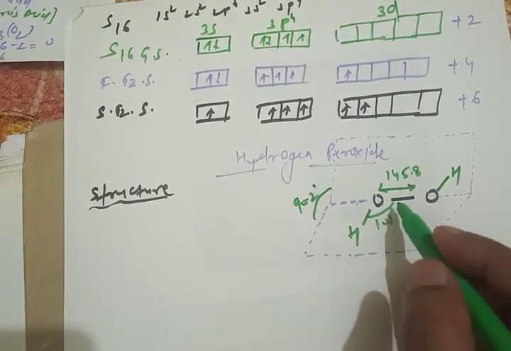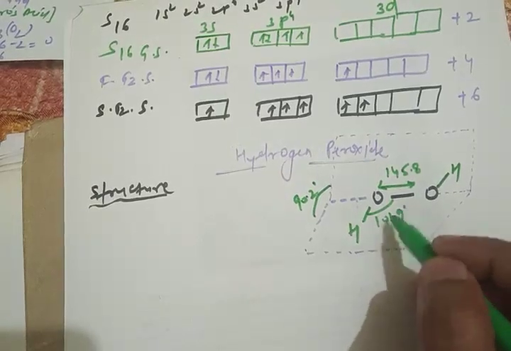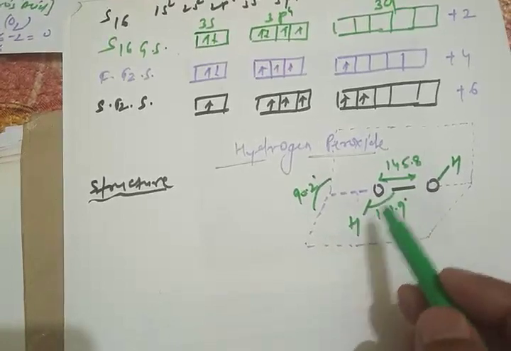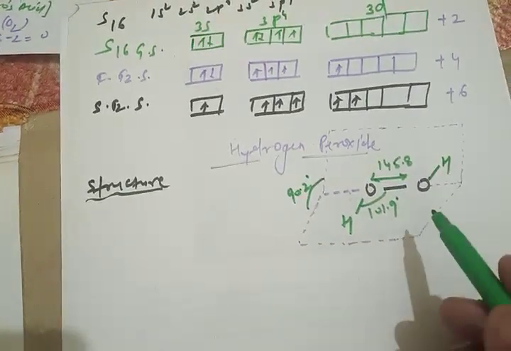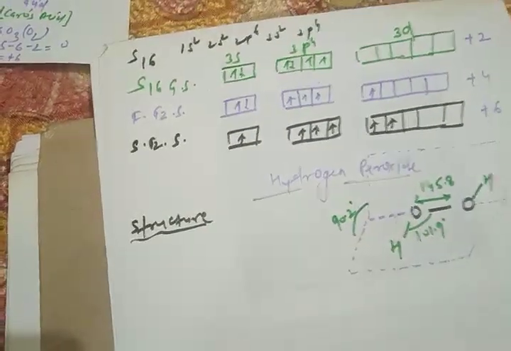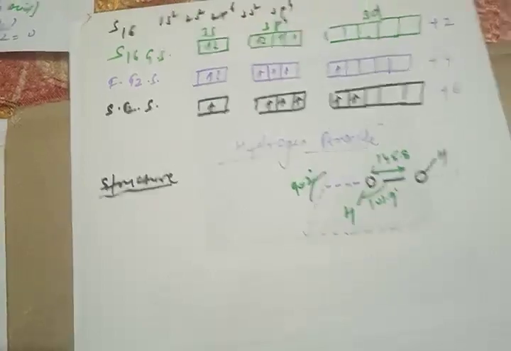If you can remember, it is good. 101.9 degree, this is again the bond angle, this bond angle. So this is how the structure of hydrogen peroxide looks like.